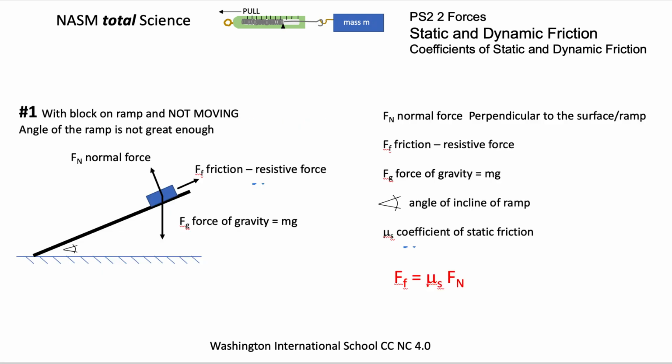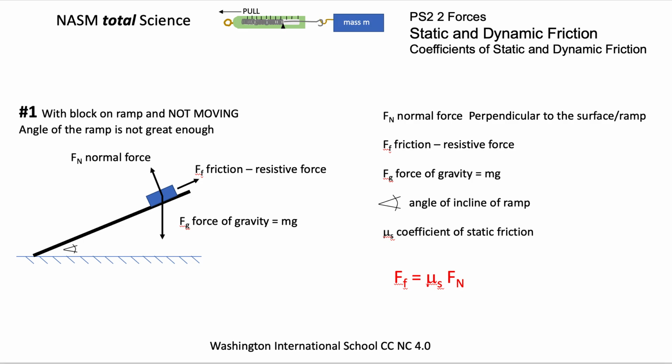But we're going to go through the instructions a little bit at a time, and the ramp with the block on. As you lift it, the block doesn't move if the angle of the ramp to the horizontal table isn't great enough.